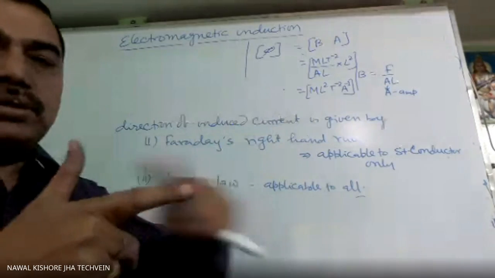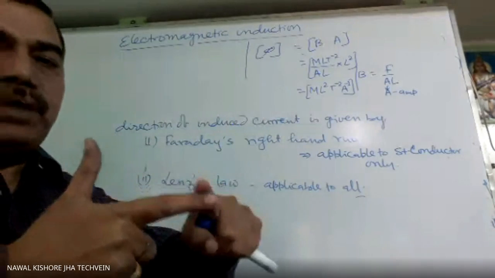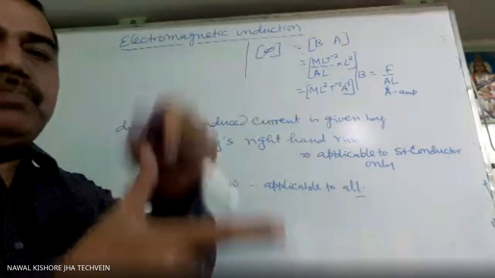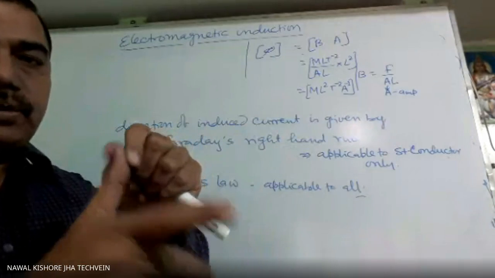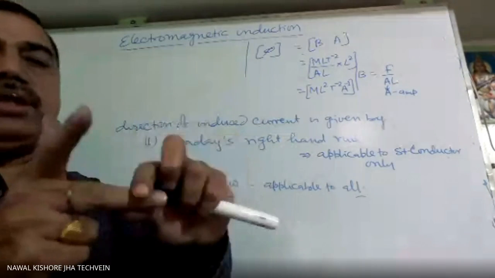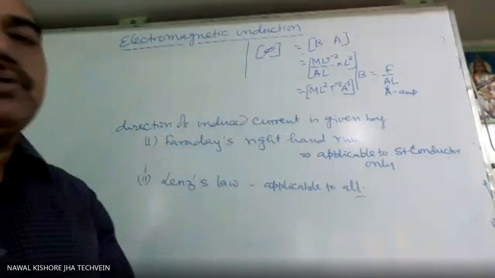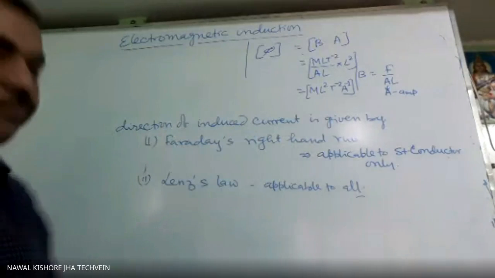The forefinger is in the direction of magnetic field, the thumb in the direction of motion of the conductor, and the middle finger gives the direction of induced current.